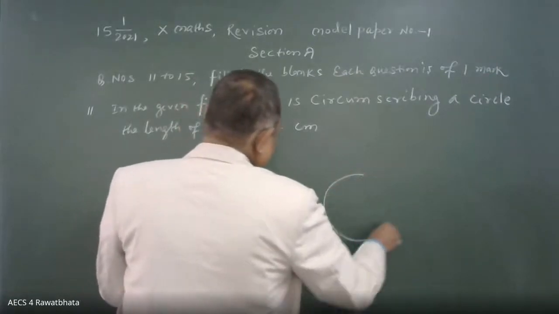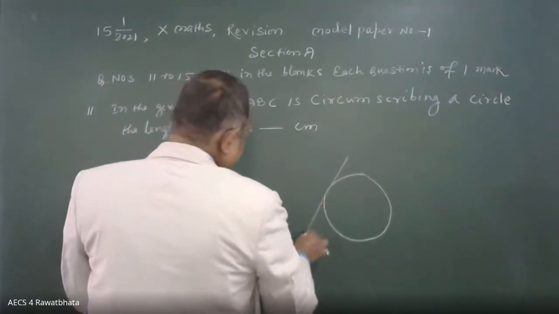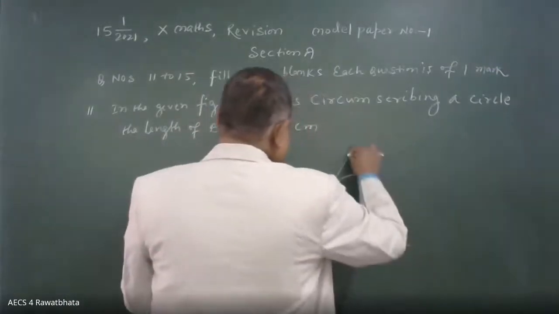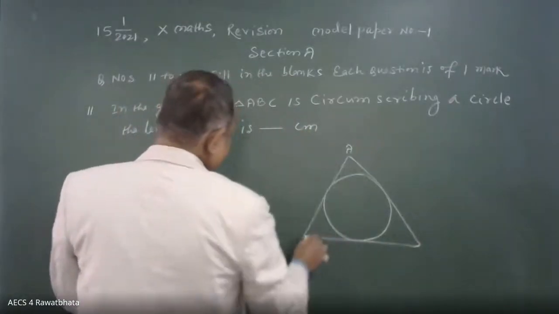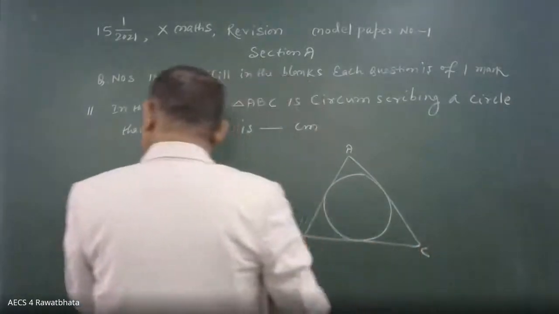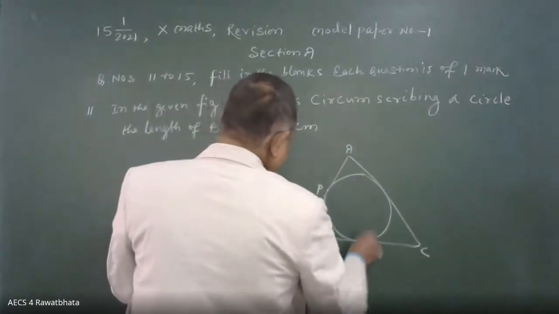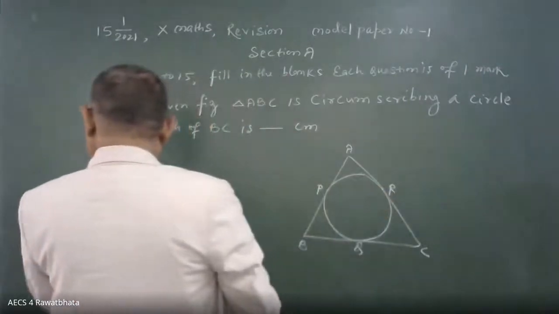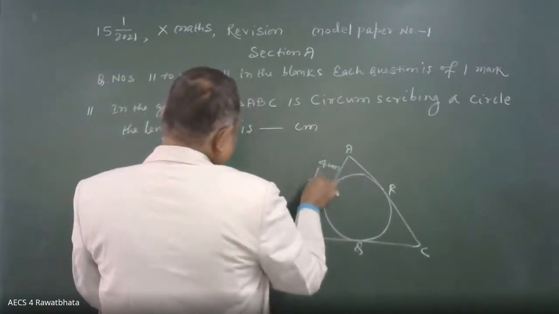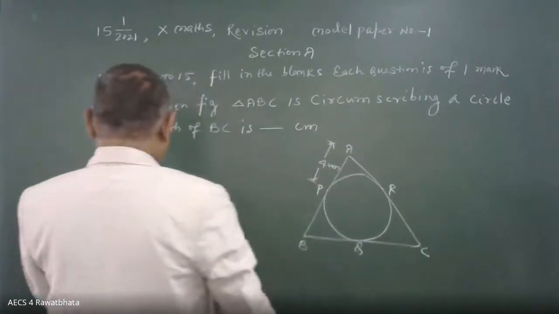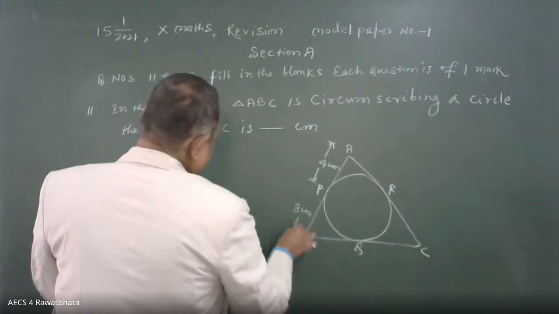And the points of contact are P, Q, and R. AP is 4 centimeter, PB is 3 centimeter, and AC is 11 centimeter.